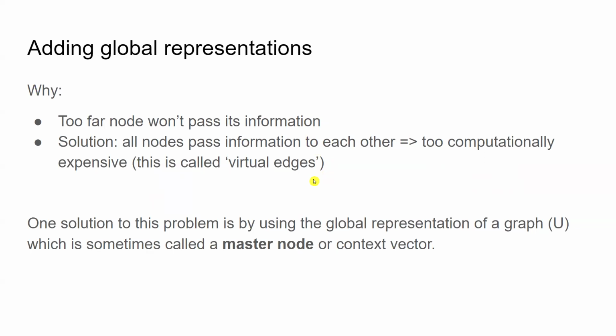The solution is you can pass all node information to each other. So this is an attention mechanism pretty much, I think. But that's too much computationally for them to do.